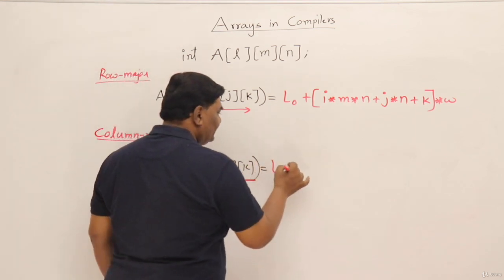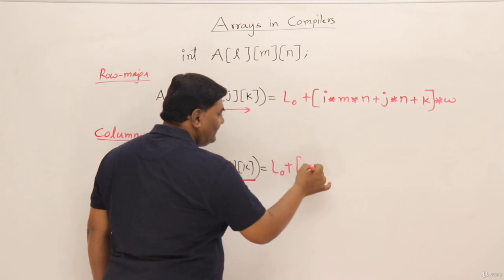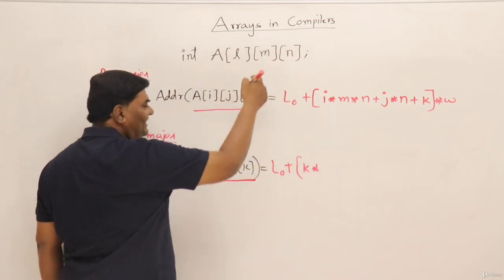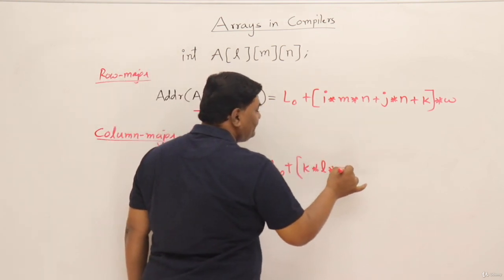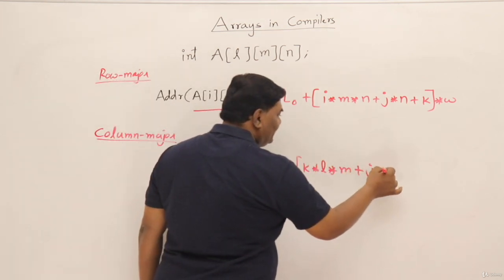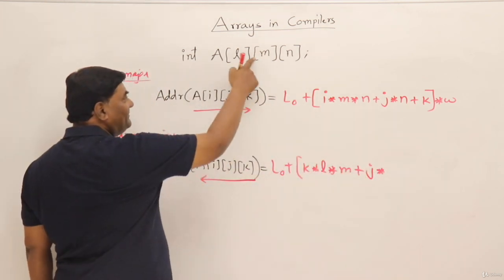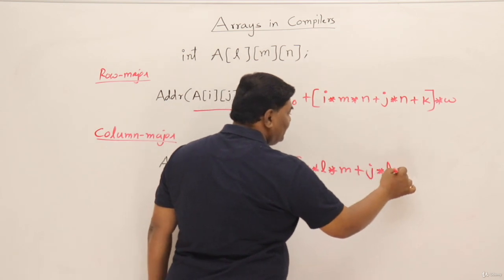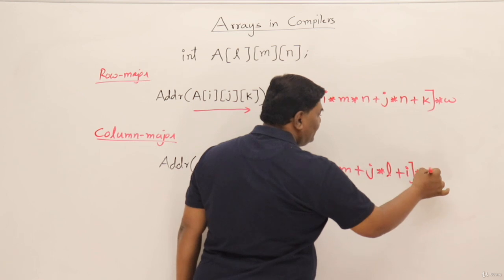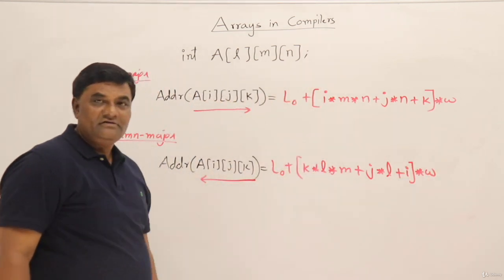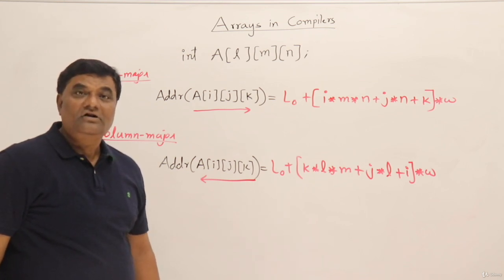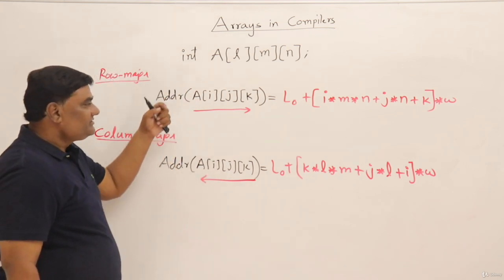So this is L0 plus, first take K. K is for the last dimension, so multiply with M and L. So L into M. Plus, next index is J. J is for the second dimension, so take L. Then plus I, multiplied by W. That's all. This is the column measure formula for a 3-dimensional array.